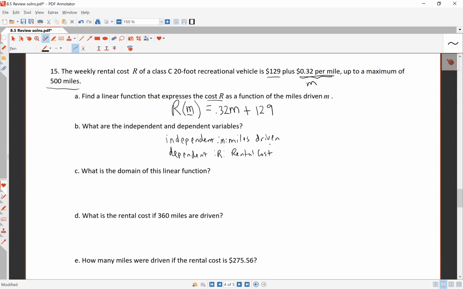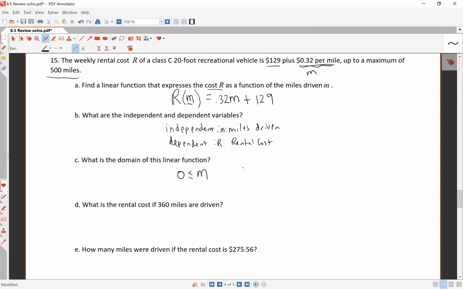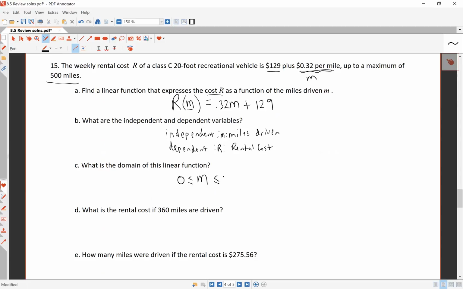The domain of this linear function, the miles, in this case, the miles will be greater than or equal to 0. One might argue they should be greater than 0 because you might as well drive the vehicle if you have it. But I don't think that makes a difference. And they're saying that we have a maximum of 500 miles. So that's the implied domain of this linear function.